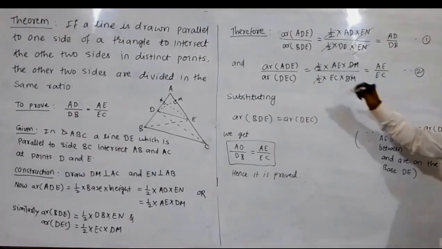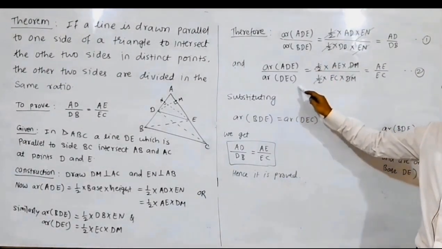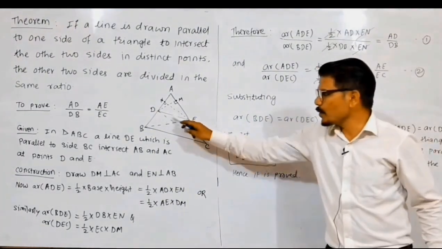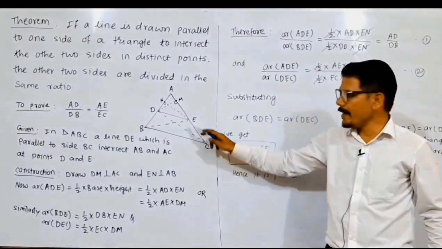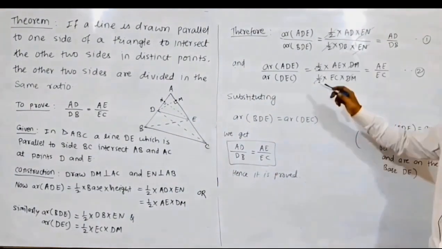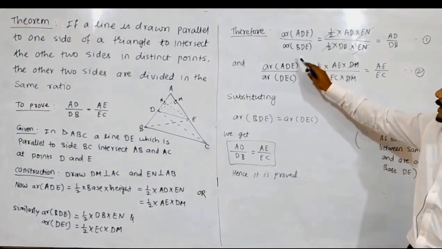In these two equations, we can see that area of BDE is equal to area of DEC, because these two triangles are situated between two parallel lines and on the same base DE. Therefore, their areas are the same. We can substitute values over here.